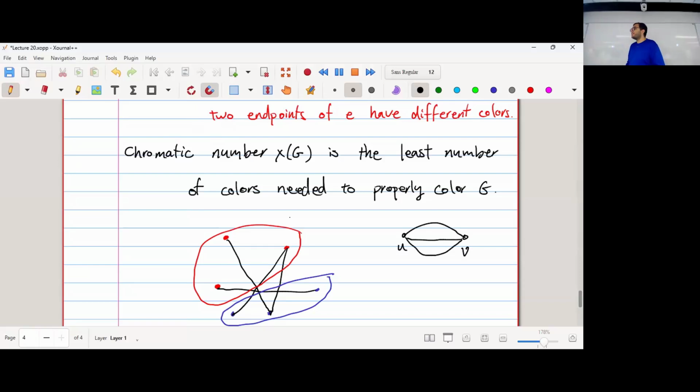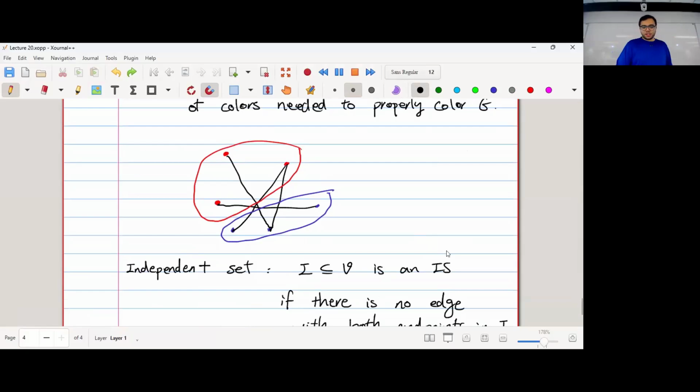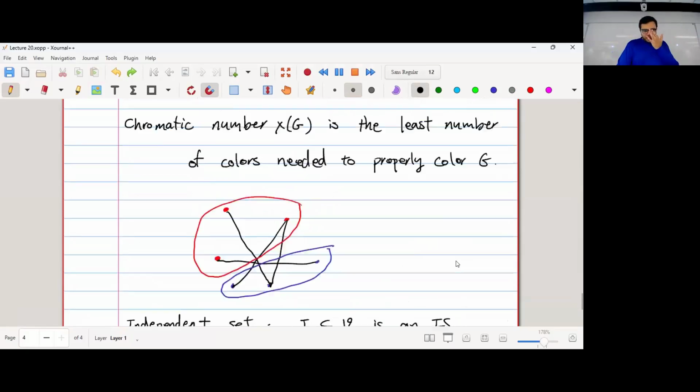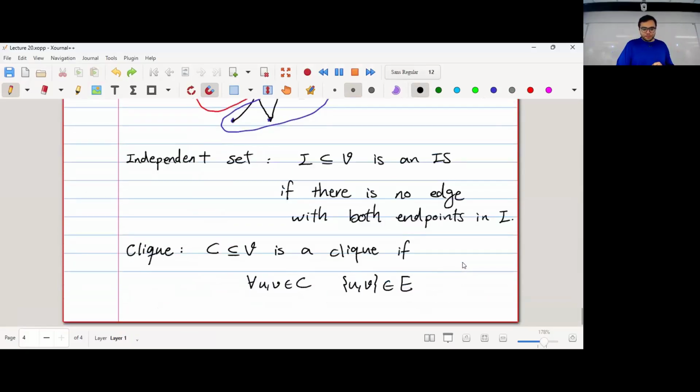This doesn't matter, because as long as I have one edge between U and V, I have to assign different colors to U and V. If I have three edges, it's the same constraint. So several edges are the same as just one edge. Because of this, we don't allow loops and we don't consider repeated edges. We're just assuming that all of our graphs are simple.